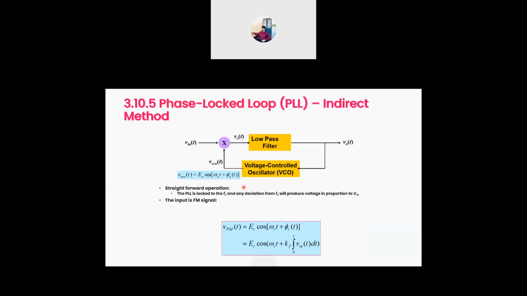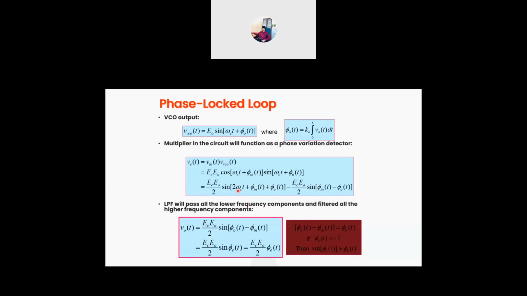Referring to the previous slide, we have a low pass filter, so we filter out this high frequency component. It is removed together with the others. We only have this component instead, which is EC E naught sine of phase in, phase naught T. This is the output of your low pass filter.